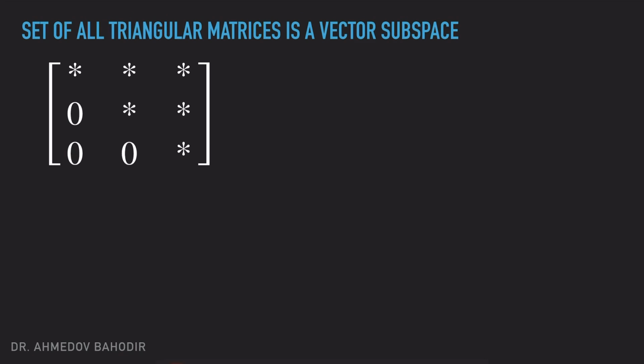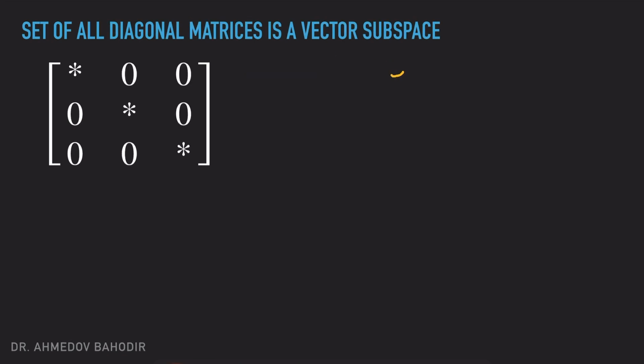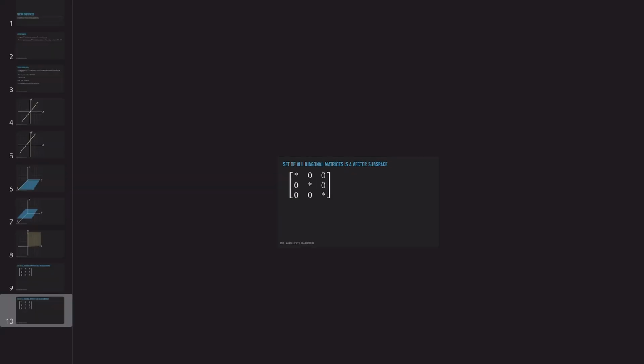So it appears we can define vector subspaces for matrices as well. Let's say we're given the set of all 3 by 3 matrices.